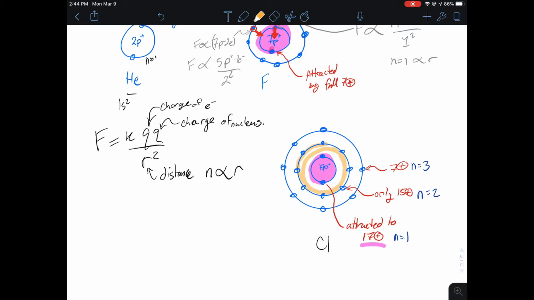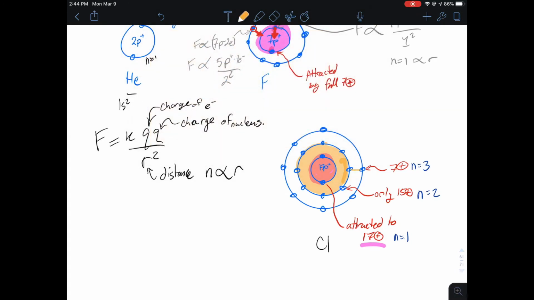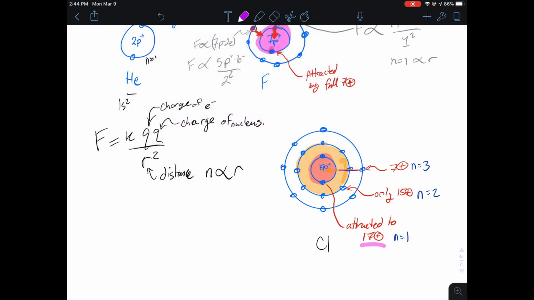So that also means that there's a change. So you kind of think that these are attracted by this little orange arrow. That's not great. Let's try a different color, something I can see.